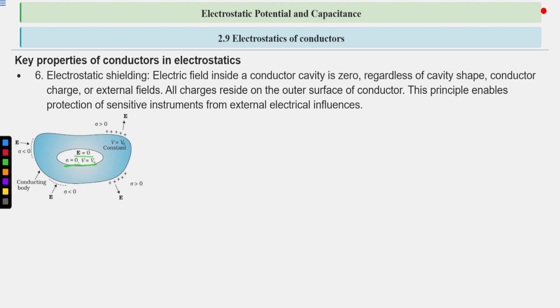It can vary from cavity to cavity, with the shape of the cavity or other factors. So the constant value can vary, but it will remain constant throughout the conductor and on the surface. So this is the negative charge: surface charge density less than 0. Surface charge density greater than 0.